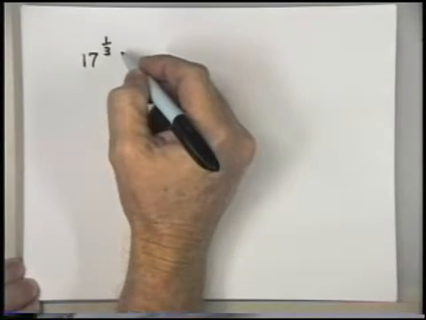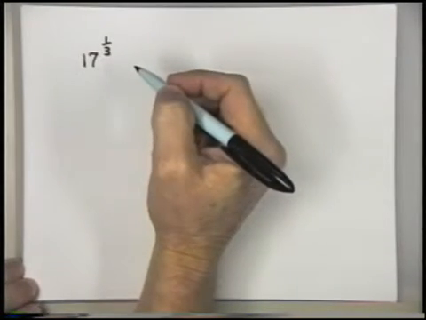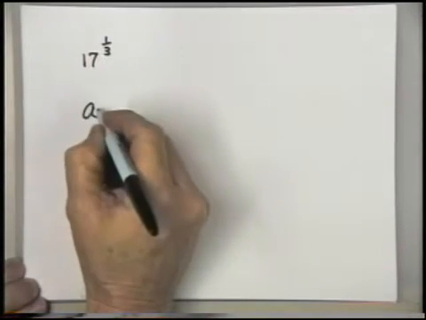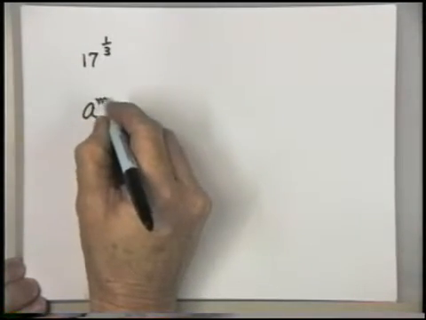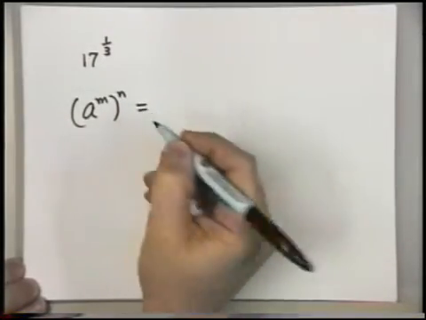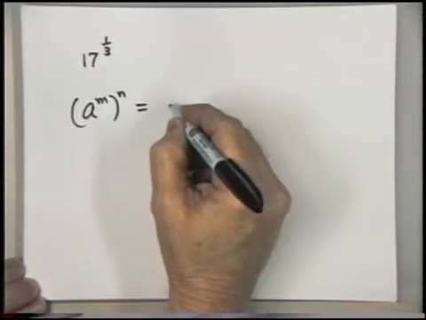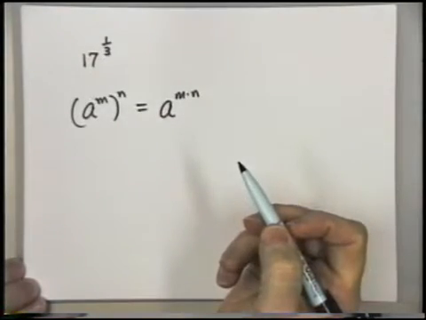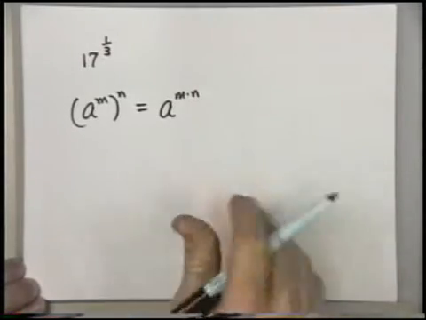Well, one of the laws of exponents might even suggest what meaning it has. Remember the law of exponents that deals with a power of a power. If you have a to the m raised to the nth power, we know that has to be a to the m times n as a power.